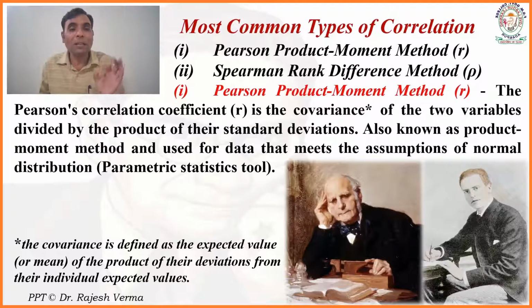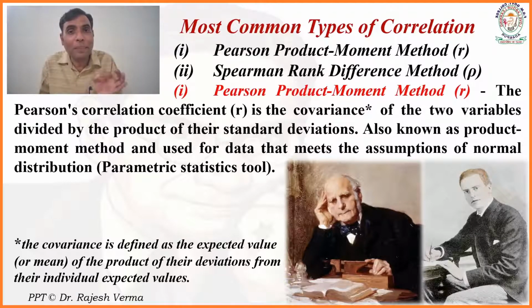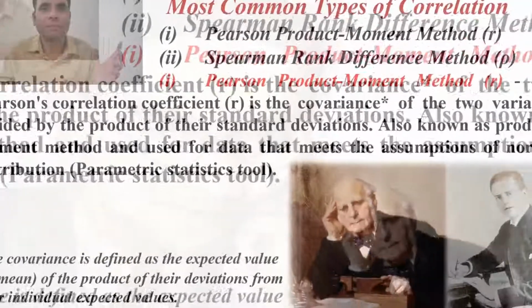The product-moment method is the covariance of the two variables divided by the product of their standard deviations. Which type of data will we use for this product-moment method? We will use data that meets the assumptions of normal distribution. In other words, it's a parametric test.